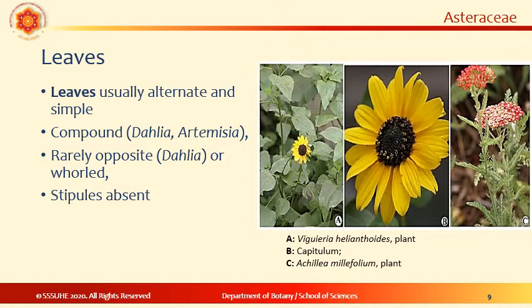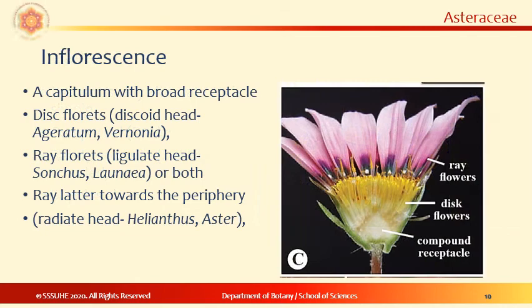The leaves are simple or compound, spiral or opposite, rarely whorled, exstipulate, meaning no stipules. The inflorescence consists of one or more heads called capitula. These are arranged in such a way, consisting of a flat to conical compound receptacle that bears one to many flowers, and it is subtended by a series of bracts.